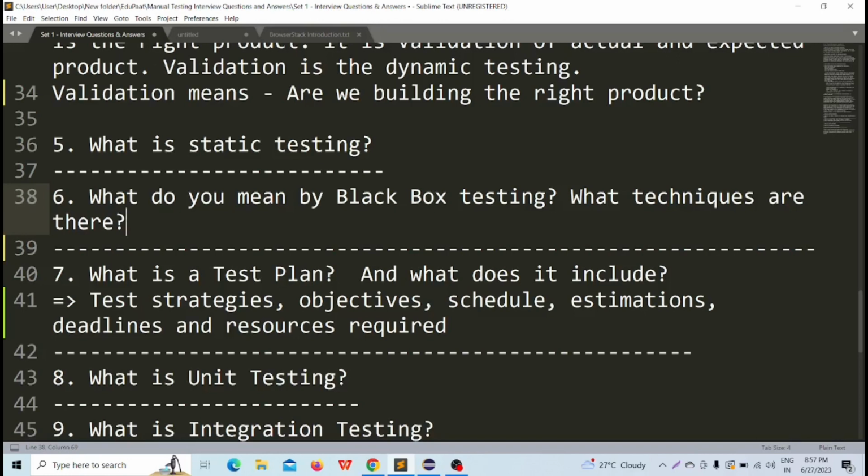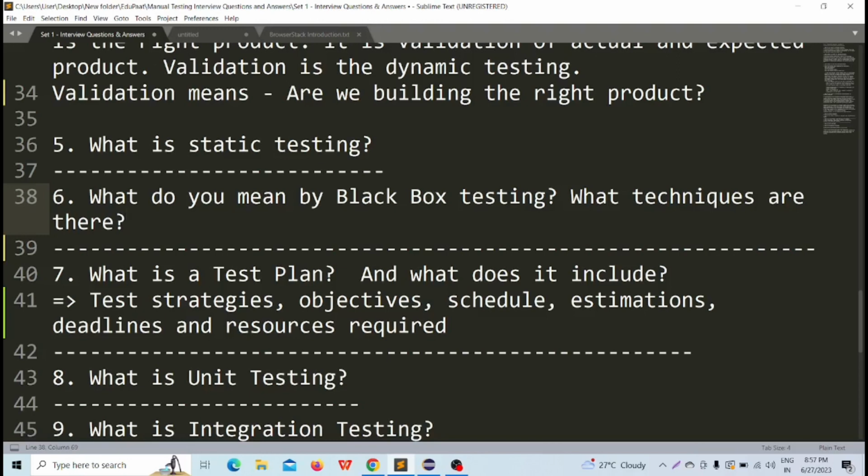Everything is happening, but we don't know what the internal implementation is for that particular car. But we are giving some input, and as per the input we are getting some output. So that is called black box testing.